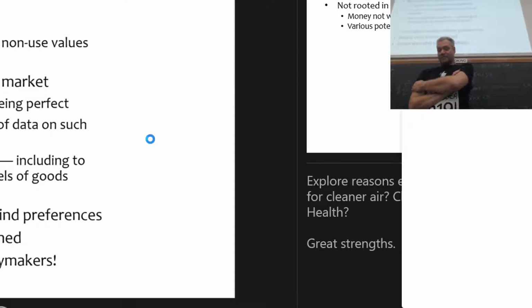The good thing about stated preference methods is that you can ask about anything. So last week we talked about revealed preferences, and one of the drawbacks of travel costs or hedonic pricing or defensive expenditures is that essentially you can only estimate the direct use value.